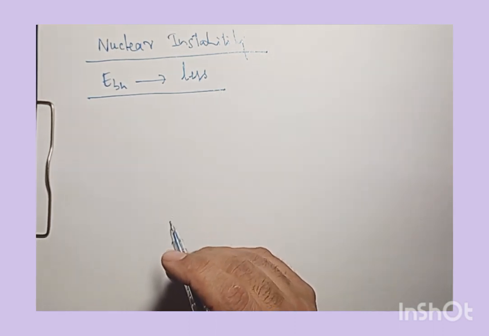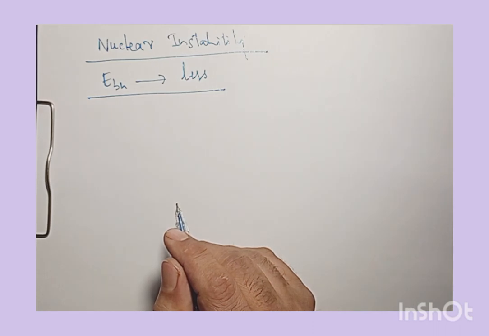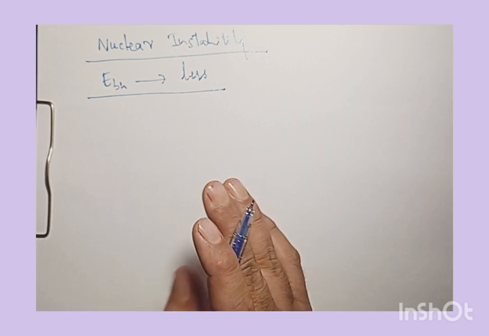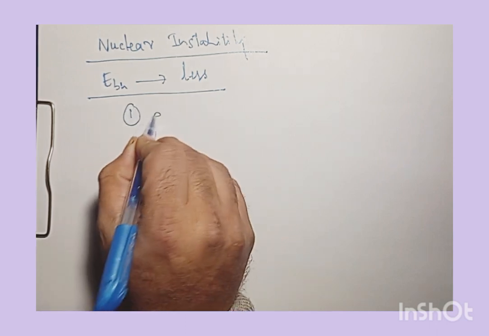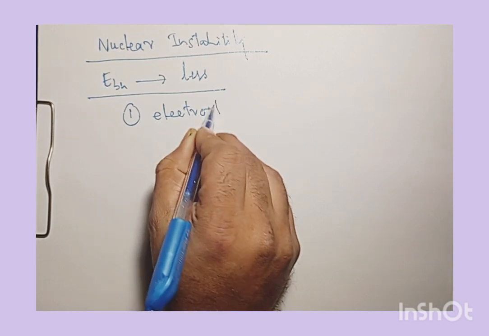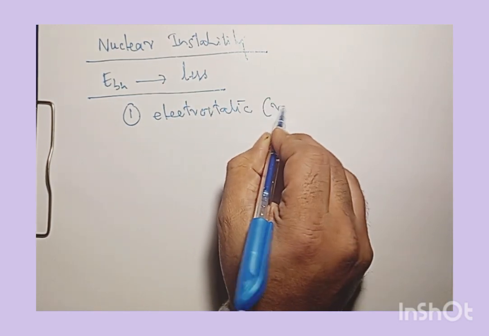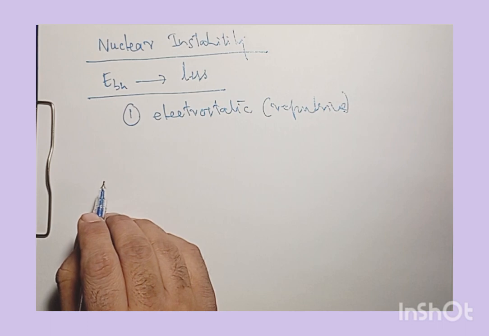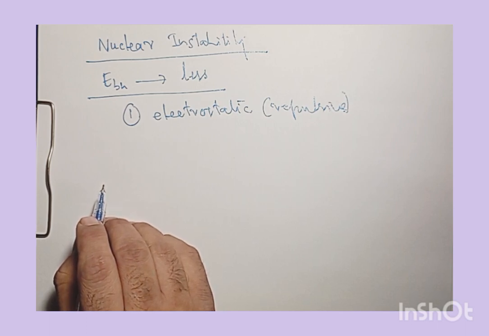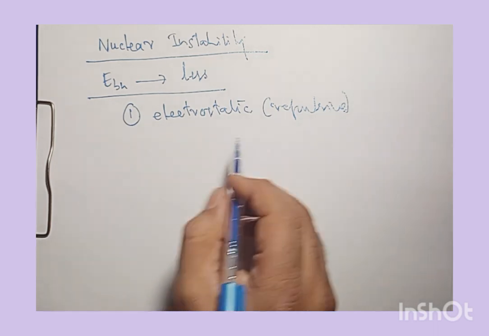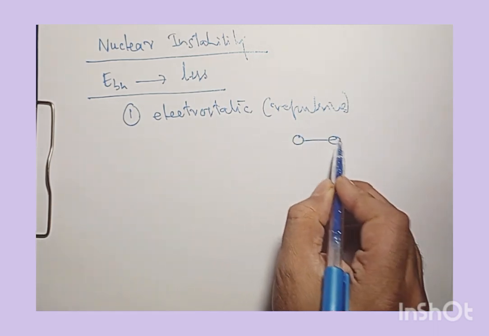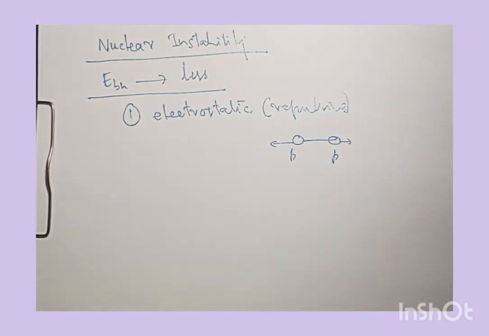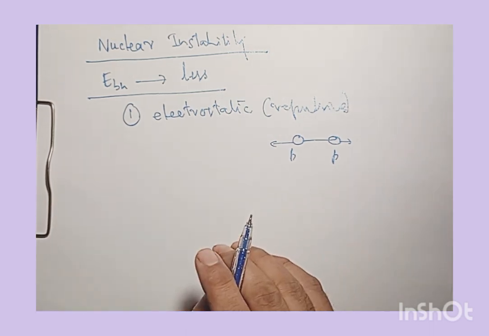if we go with more reasoning of nuclear instability, there are two major forces inside the nucleus. The very first force is the electrostatic force, and this force is repulsive because we have protons inside the nucleus, and these protons are certainly trying to move away from each other, trying to fly off due to this force.